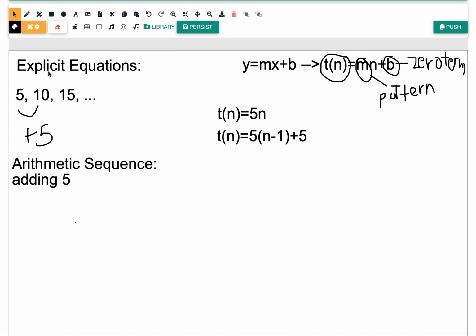Let's say I want to use my second term instead. So t of n is equal to 5, again that doesn't change, n minus 2, because I'm using my second term, plus 10. Do you see the pattern? Let's say I want to use my third term because I don't want to find my zero term.